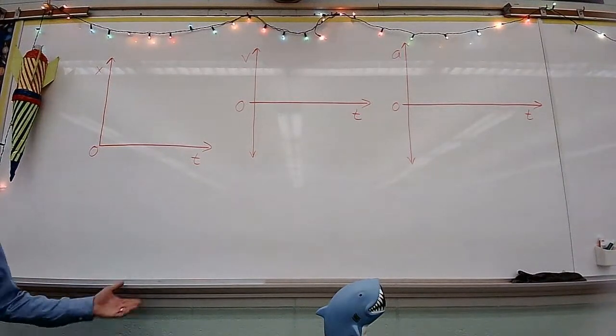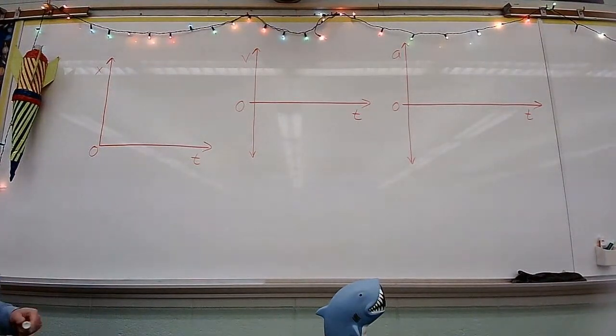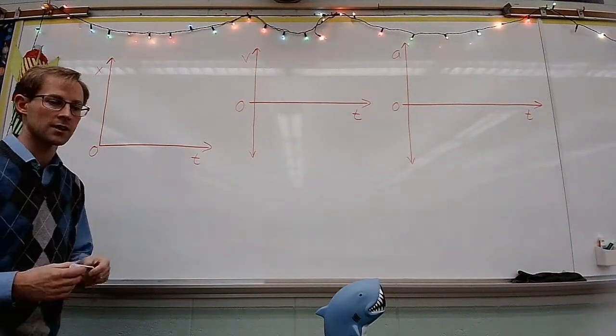So A obviously stands for acceleration. The units on that are meters per second squared. If you feel like you need to write that down, feel free. Otherwise, we're just going to jump right into this.